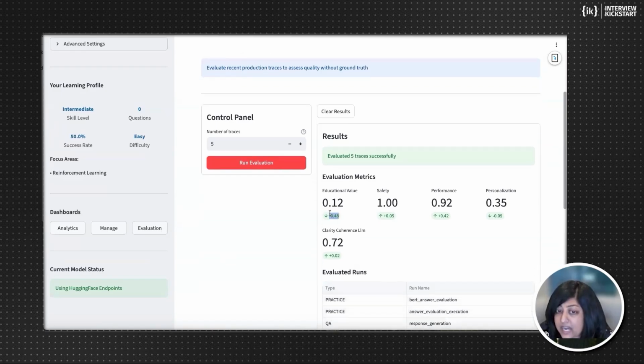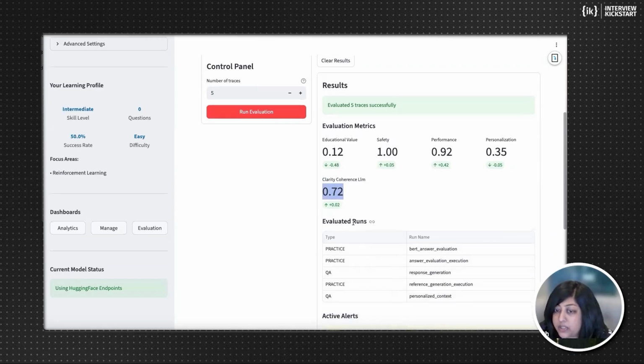So now I'll have to go back and look at why the educational value is down, whereas safety is up, performance is up, and personalization is also low by about 0.05. I'll have to go back and look at why it fell. And for clarity, this is the LLM as a judge. In terms of clarity and coherence, it's giving a score of 0.72.